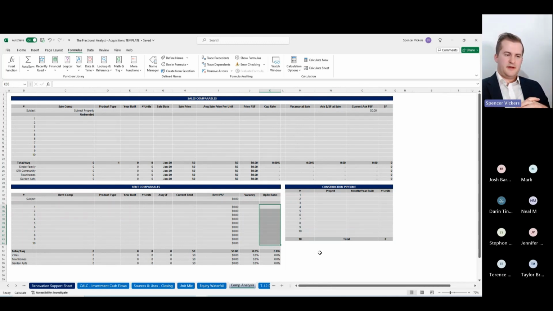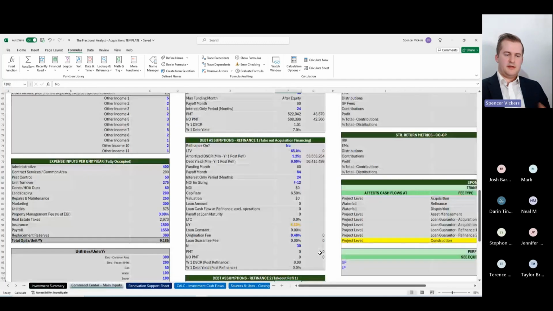And the reason I include that there is that if you can get that information, it's not easy to get, but if you can get it right from Yardi Matrix or from talking with property managers, etc., then that information can help inform your operating expense assumptions.